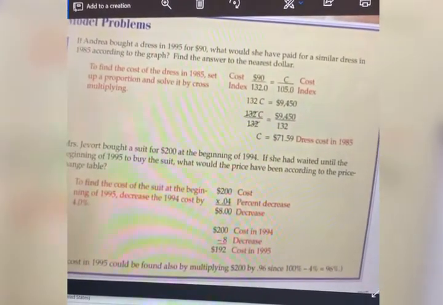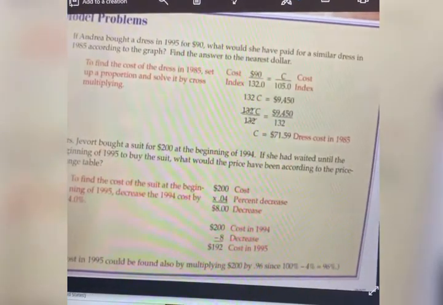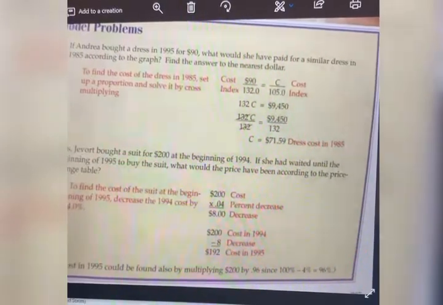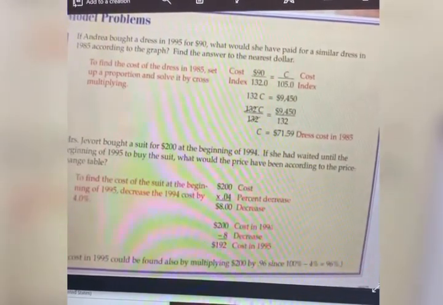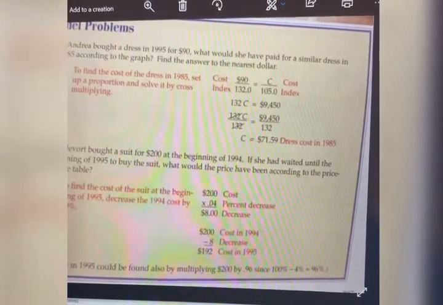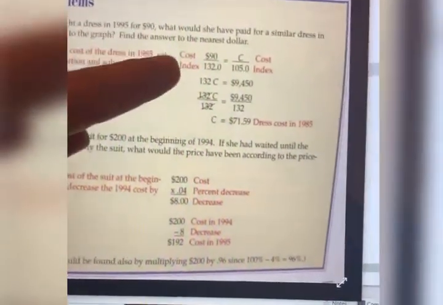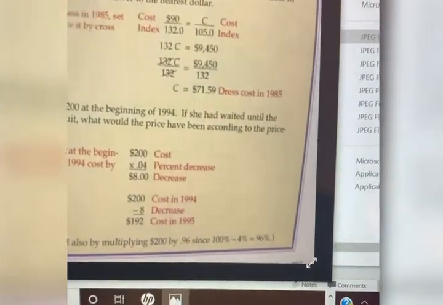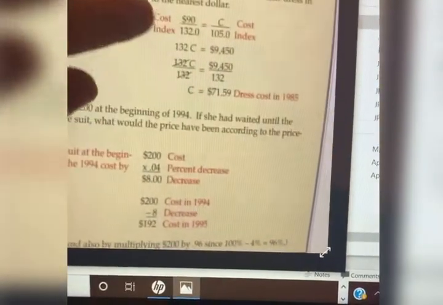It says in example 1, if Andrea bought a dress in 1995 for $90, what would she have paid for a similar dress in 1985 according to the graph? So what you do is you find the index for 1995, and then you go 90 over 132, because that's how much it was in 1995.